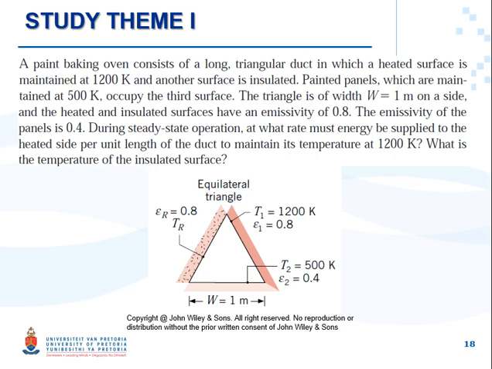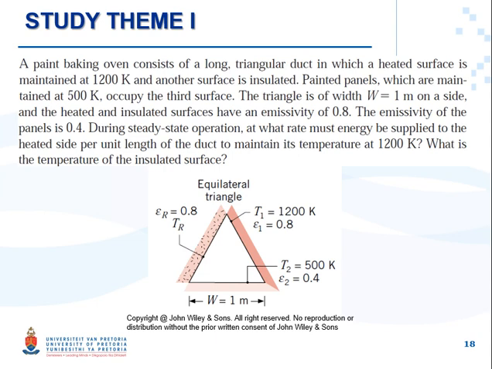We have a paint baking oven consisting of a long triangular duct in which a heated surface is maintained at 1200 Kelvin. Another surface is insulated. Painted panels are maintained at 500 Kelvin. For the triangle, we have the size.